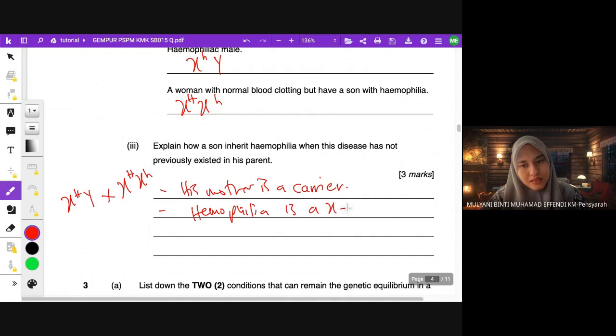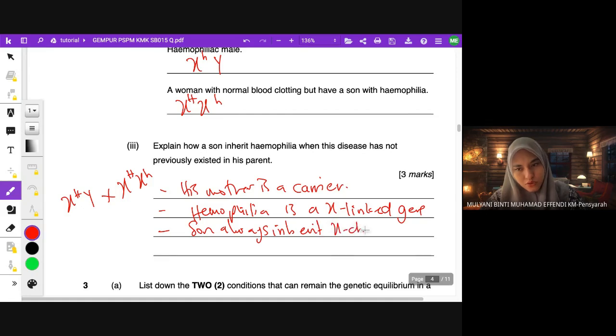So hemophilia is a X-linked gene. Yang point ketiga, son always inherit X chromosome from mother. Mestilah kan sebab anak lelaki dia dapat X tu daripada maknya, Y tu daripada bapaknya.